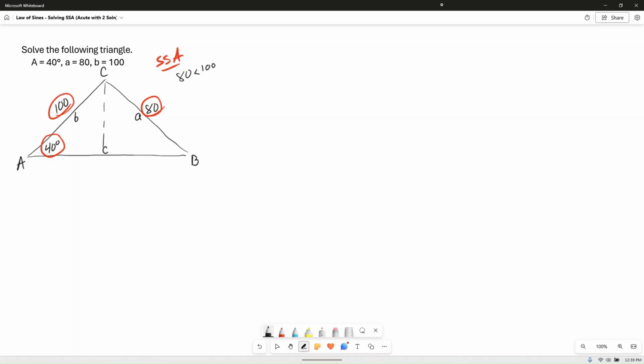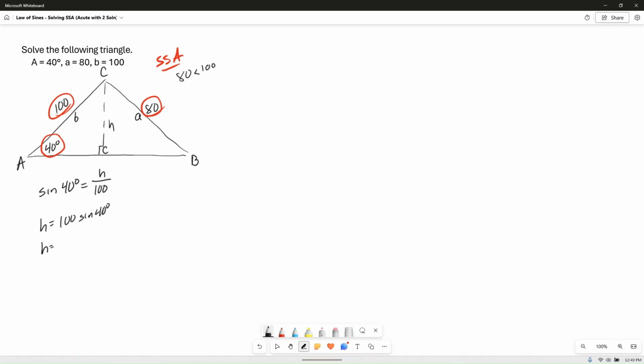So we draw our vertical line from angle C down to side C, and that creates a right triangle. And we can find the height by taking the sine of 40 degrees, which will equal the opposite side h divided by the hypotenuse of 100. And so if we solve that for h, that's going to be 100 times the sine of 40 degrees.